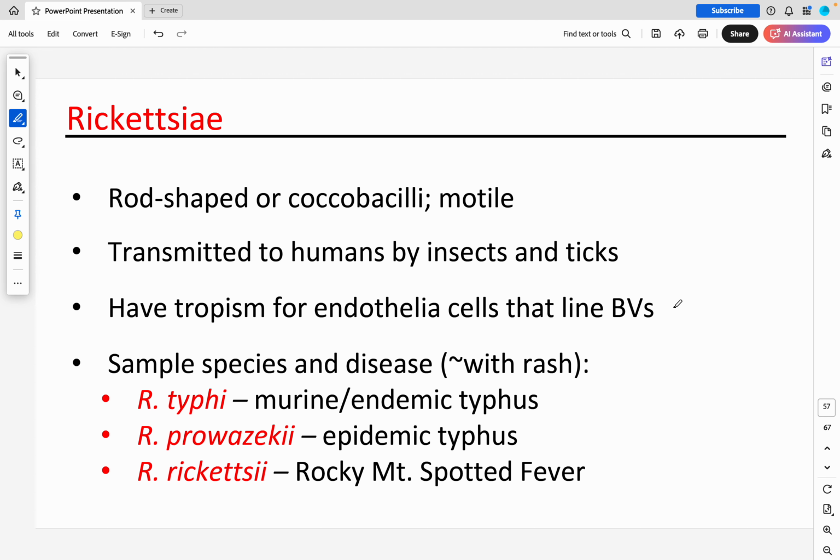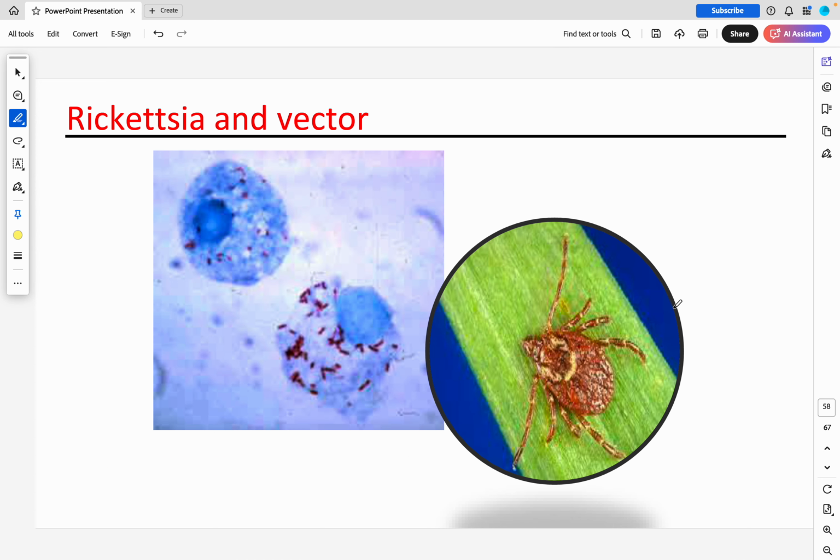We have R. typhi, R. prowazekii, and R. rickettsii. Typhi causes murine or endemic typhus. Prowazekii causes epidemic typhus, as it's more adapted to population-level distribution. And rickettsii causes Rocky Mountain spotted fever.